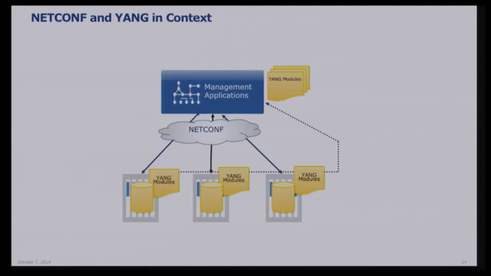That's the contract loop, if you like. If something changes on the network element side, Yang models get updated. The management applications have means of updating themselves when they figure out that something has changed. That's the entire context around this.